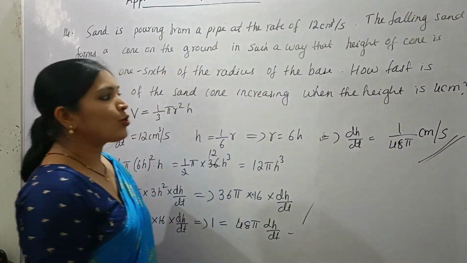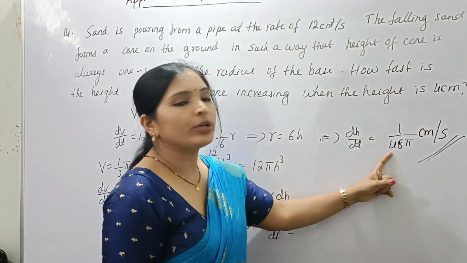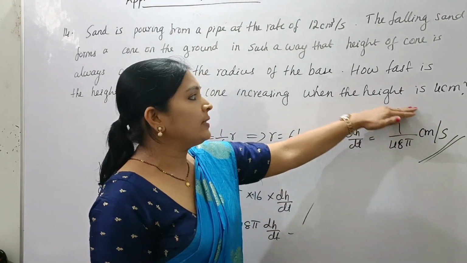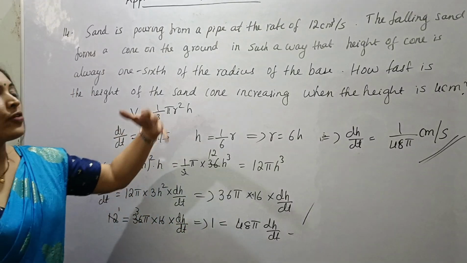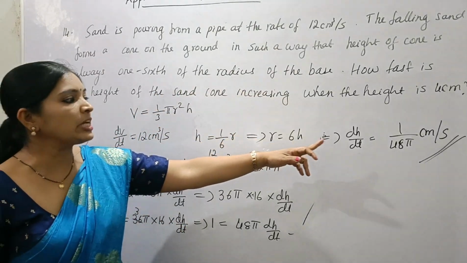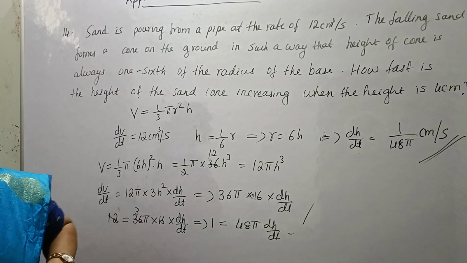So the height of the cone is increasing at the rate of 1/(48π) cm per second when the height is 4 cm.